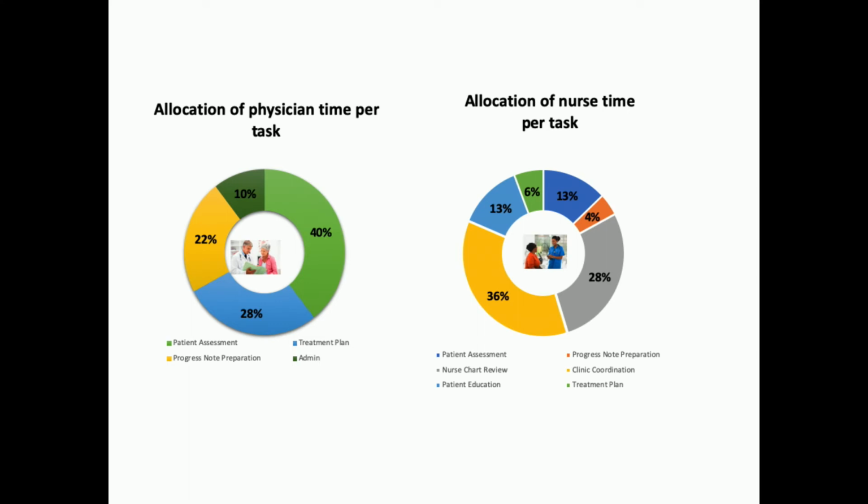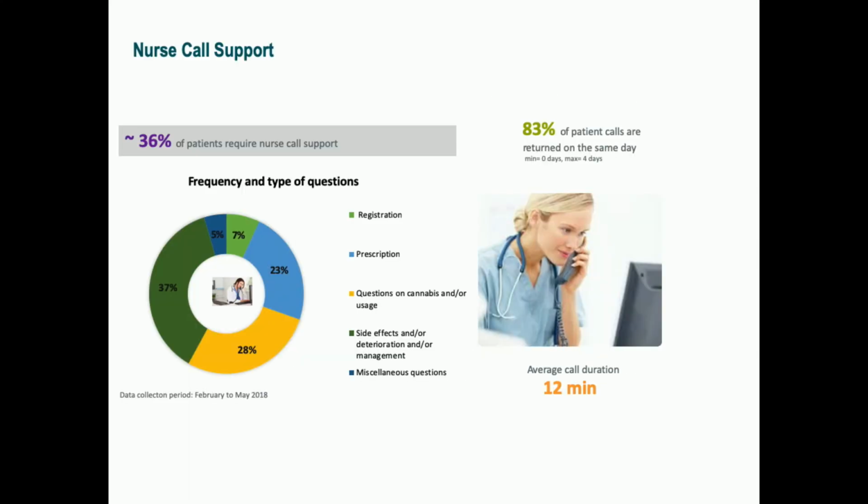For the physician, assessment of a patient was the most important aspect in order to decide on a treatment plan. Coordination of the clinic was also important to the work of the nurses. This was the follow-up that was done by Virginie, and she will tell you more about it. Also very important was all the bureaucracy related to cannabis, and how to adjust the dose.